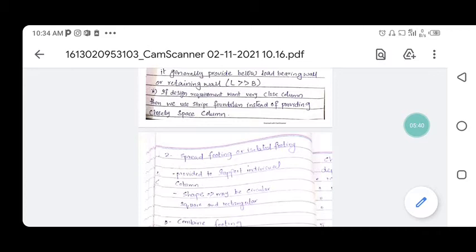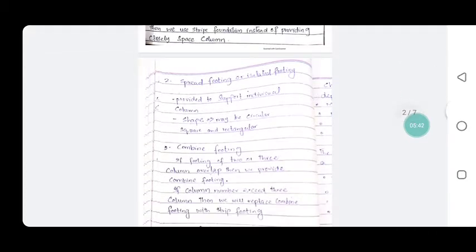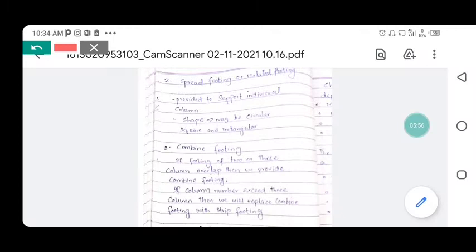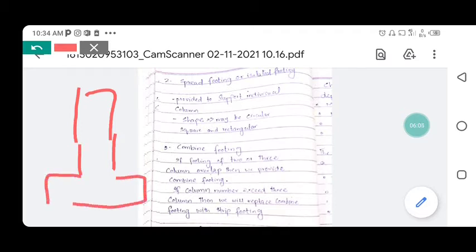Let's move forward. Second type is spread foundation or isolated foundation. Most of you may have heard of this spread or isolated foundation. Let me make a diagram for you. Let's suppose this is a column and this is a foundation.